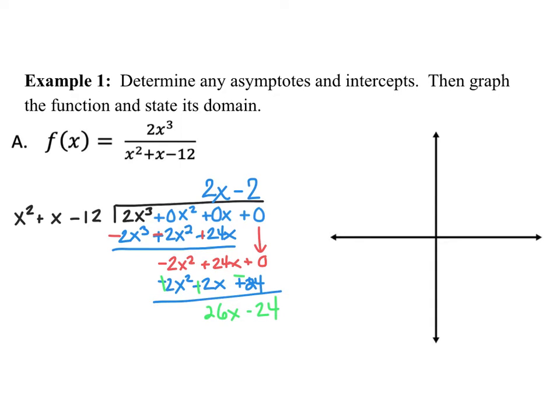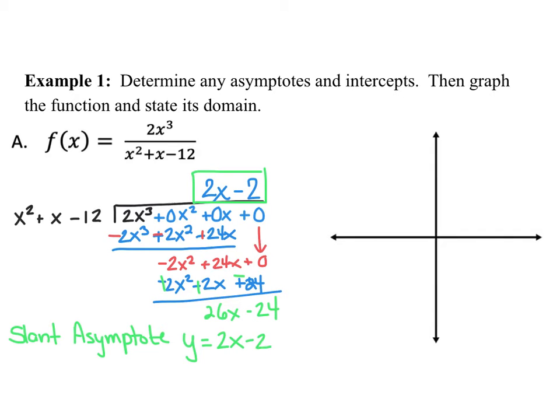But honestly I don't care about the remainder because this right here, if you notice, that's a linear equation. So I have a slant, or what's known as an oblique asymptote, and it is in the form of the equation y equals 2x minus 2.